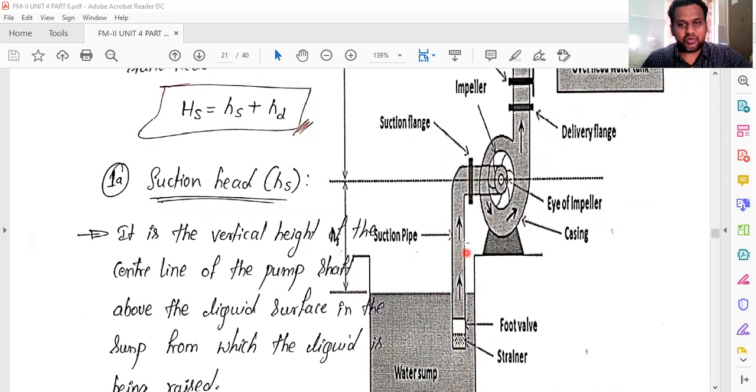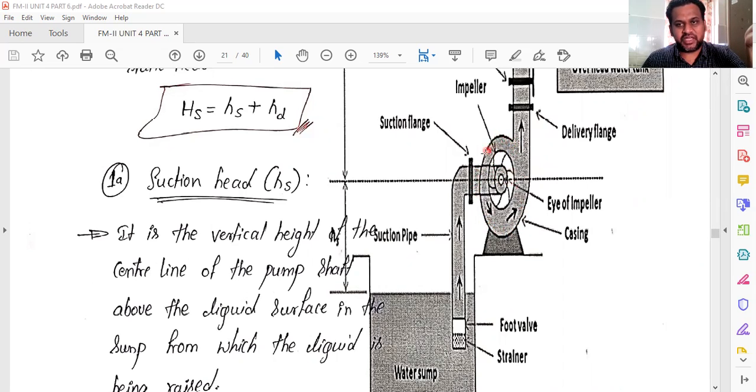The water enters the impeller radially, and the concept continues in the same way. Once the water reaches here, the water also starts rotating, centrifugal force is created, and it pushes the water away, and the water goes like this.